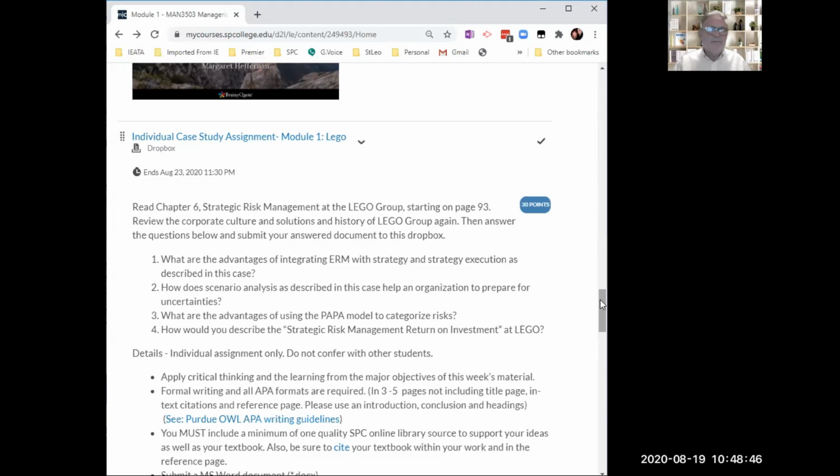So the first question, look, what are the advantages of integrating enterprise risk management with strategy and strategy execution? And what this is saying, at the top level, when we're developing a 5-year plan, when we're doing a SWOT analysis of the corporation, and where the company formulates and revises its strategic plan for the year, that the enterprise resource management division is involved in that process and has the endorsement and support of the chief executive officers of the company.